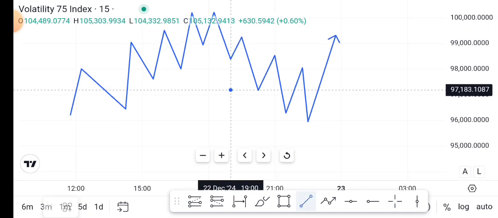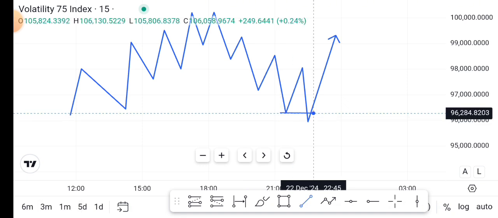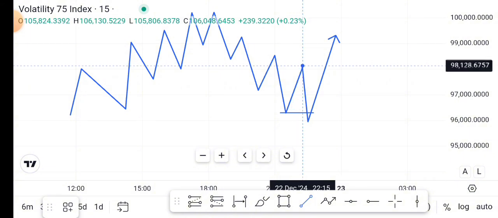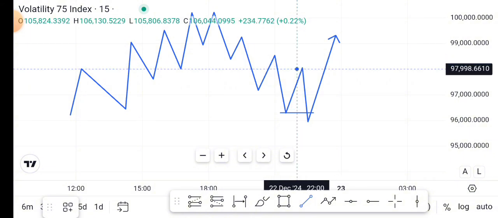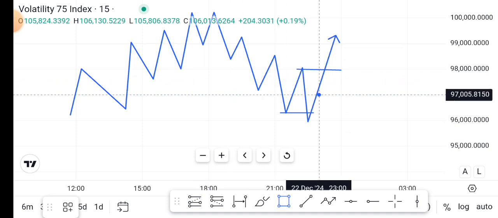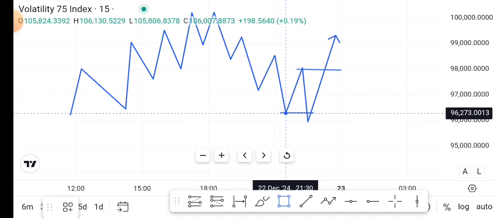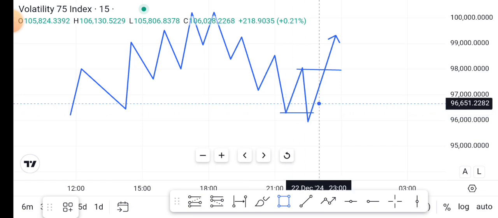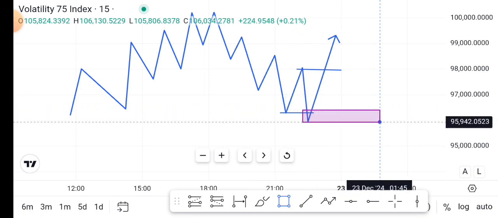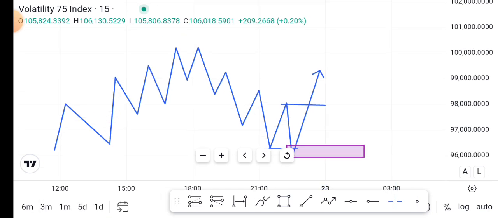We highlight this low here because it is taken out, and then we highlight this high here to where the market takes it off. After that happens, we have to find this sniper entry here, this left shoulder, or we find the order block, guys. After finding the order block here, that will be our entry point.